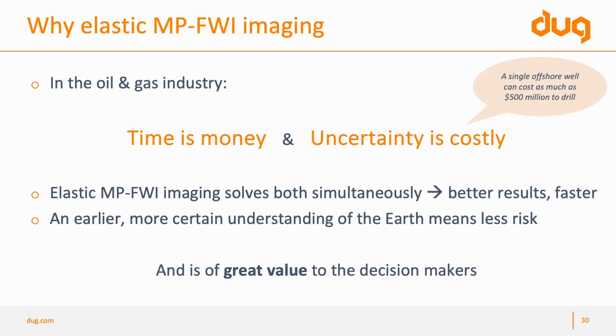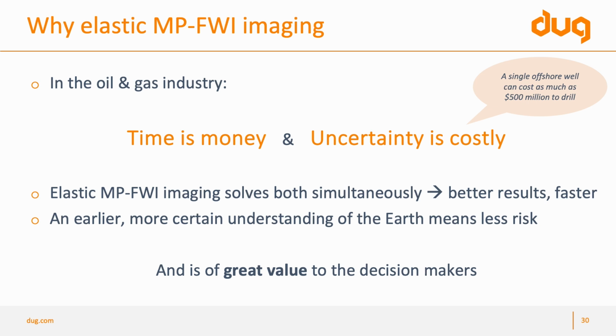Which leads us directly back to why elastic MP-FWI imaging is such an important technology. In the oil and gas industry, time is money and uncertainty is costly. A single offshore well can cost as much as $500 million to drill. Elastic MP-FWI imaging solves both issues simultaneously. It delivers better results faster.